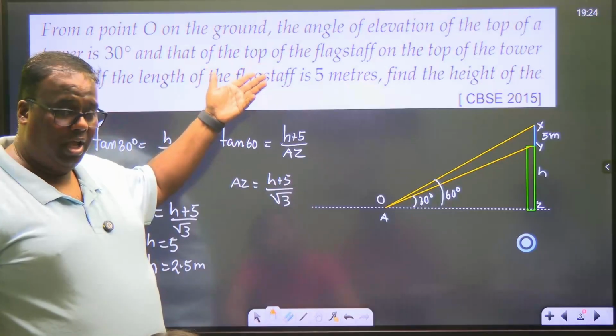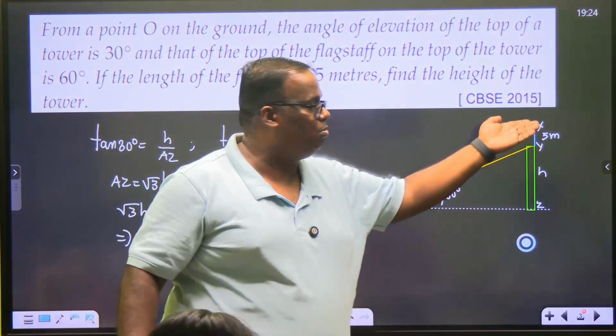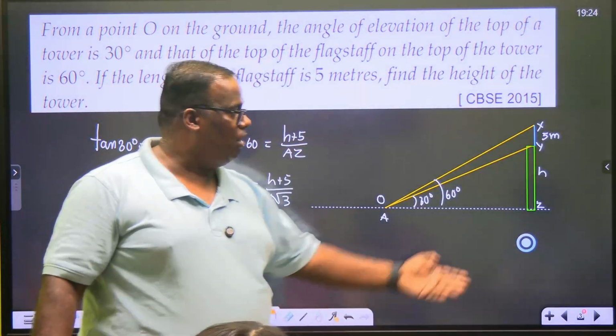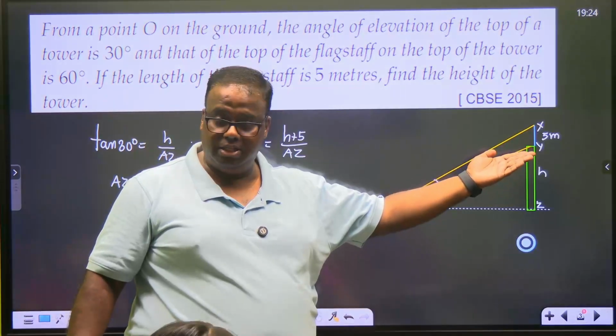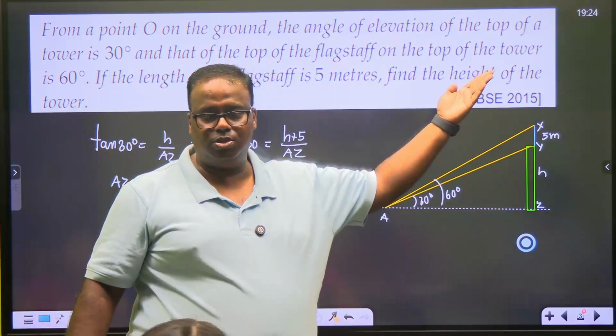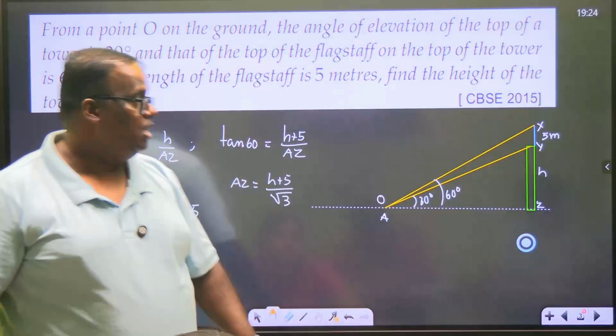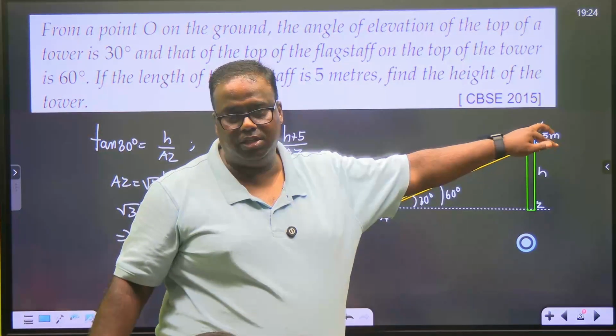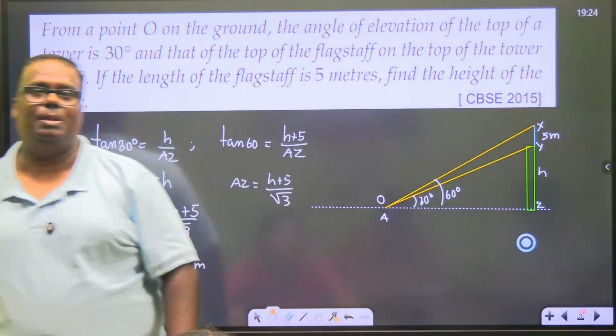Tower के ऊपर क्या है? Flag post है. So tower के ऊपर flag post भी बना लो. Angle of elevation of the tower is 30 degree and that of the flag post is 60 degree. If the flag post is 5 meter, find the height of the tower.